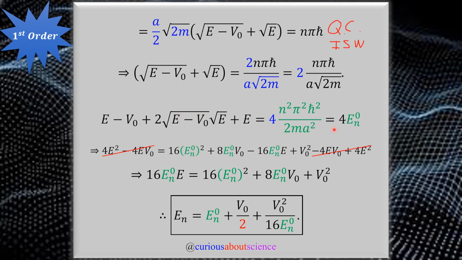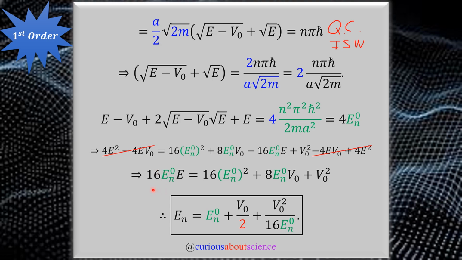That tells us that we need to square the 4E naught minus 2E plus V naught on this side, and that distribution was gross, so I left it out, but it's in the PDF. In doing so, we see that this cancels with that, clearly, with the cross signs, and now we're left with something that has 16 E naught E, so E is by itself here, so we'll push that over to the other side since they cancel.